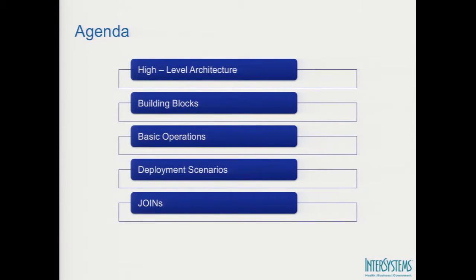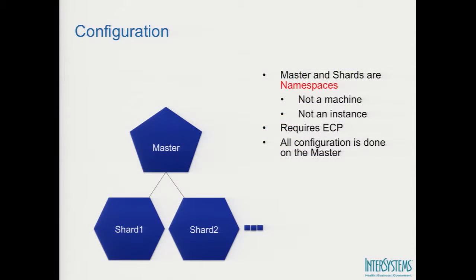Now, let's talk a little bit about deployment scenarios. So again, basic architecture, you have one master and two or more shards, right? In fact, we expect people to deploy dozens, maybe even hundreds of shards there.